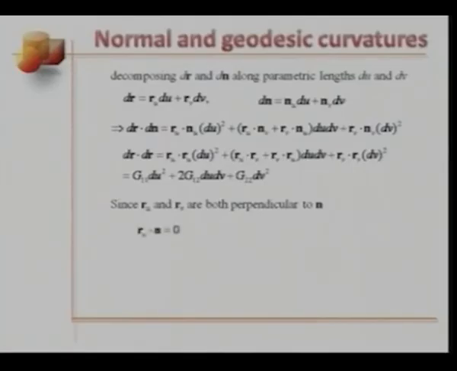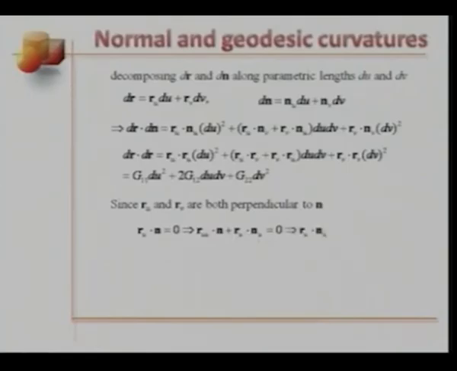So we have ru dotted with n equal to 0, and if we differentiate that with respect to u again, this implies the second partial derivative of r with respect to u dotted with n plus ru dotted with nu equals 0.